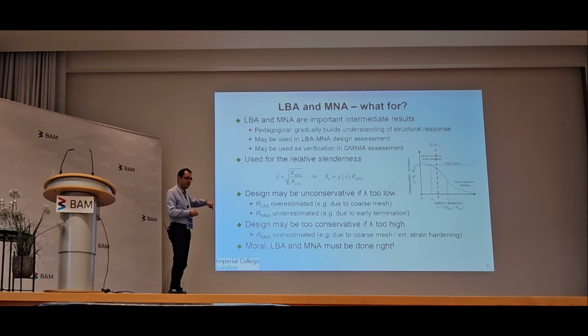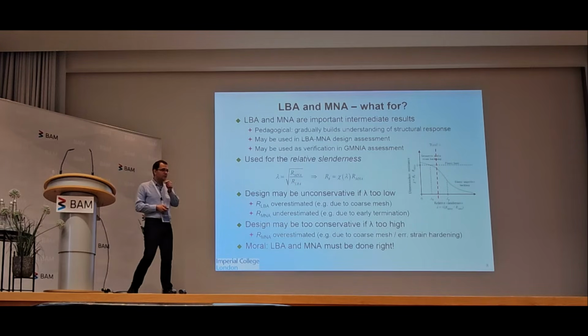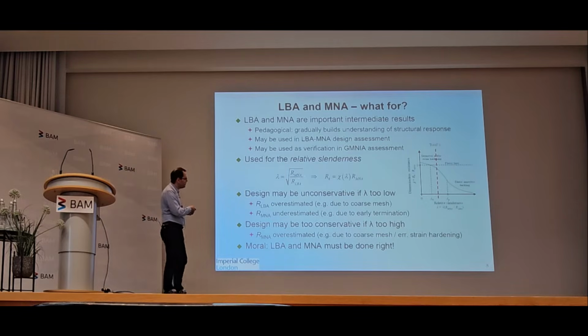And because it's on the denominator, that means that this is larger, therefore this becomes smaller. So that means that your slenderness that you estimate will be lower than it should be, and in turn what you will get from that is a higher resistance from your buckling check. That's not a good thing. The other way, if you underestimate your MNA because you terminate it early, you will make the same result. This will be a lower number.